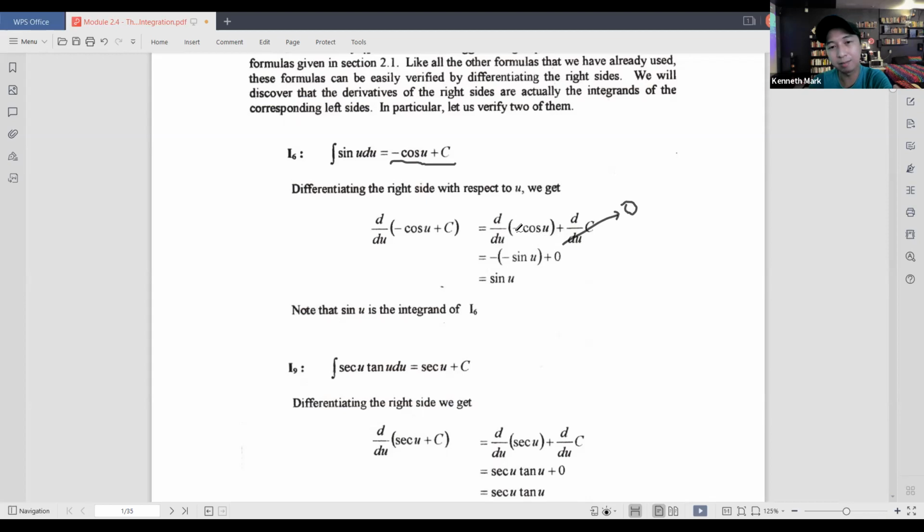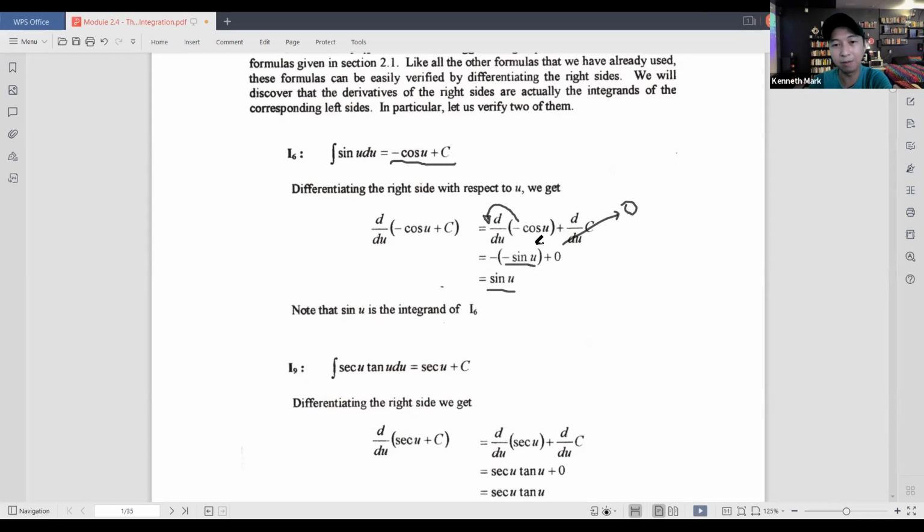So we can just have it by the derivative of cosine u. Okay, so labas natin yung negative sign dito. Then derivative of cosine u is equal to negative sine u. Okay, so negative times negative is positive. So therefore, you will have sine u yung matitira dito.